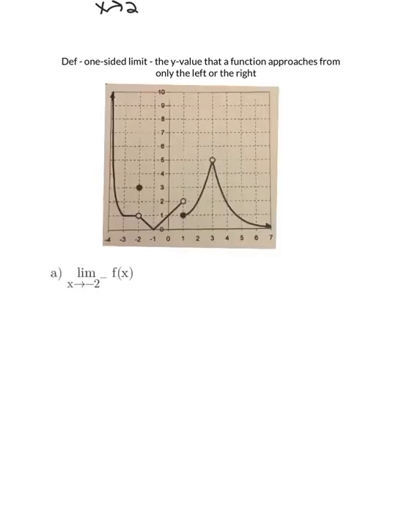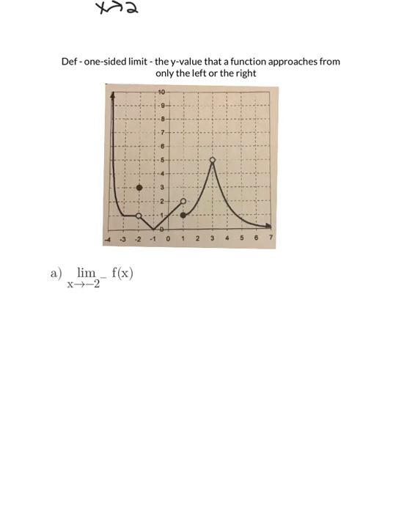The next thing we are going to look at is one-sided limits. That is the y value that a function approaches from only the left or only the right. We have some new things showing on example A. We are going to use this picture that I have given, and we are going to find one-sided and two-sided limits in this picture.